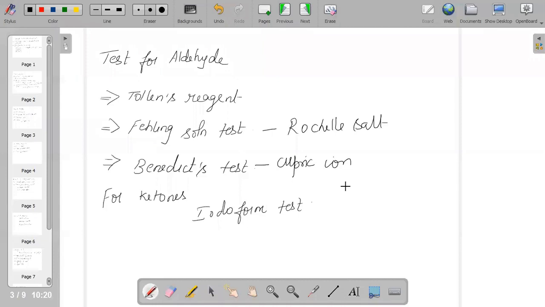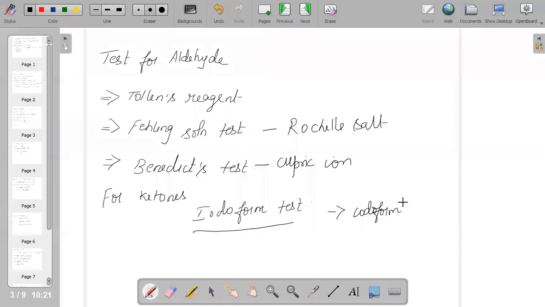But if we want to test for the presence of a ketone, the very famous test is the iodoform test. It gives a yellow precipitate because of the formation of iodoform. The condition is that this test is given only by methyl ketones, where one of the R groups in the ketone should be a methyl group, and also by ethanol, as it contains the methyl group.